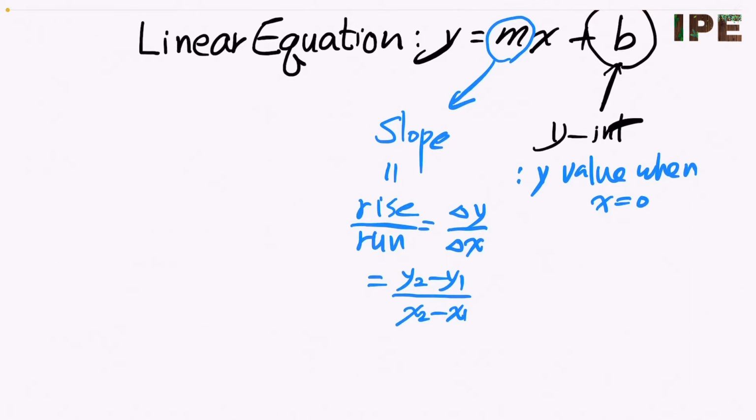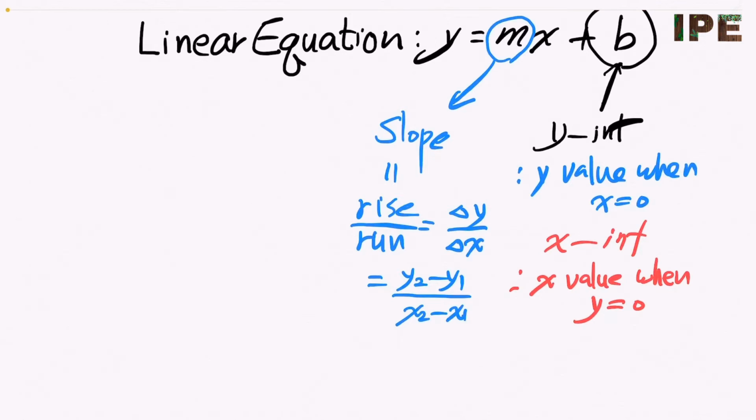And then we have to understand one more thing from this equation, which is the x-intercept. What is the definition of y-intercept? Y-intercept is the y value when x is 0. So x-intercept is the x value when y equals 0.